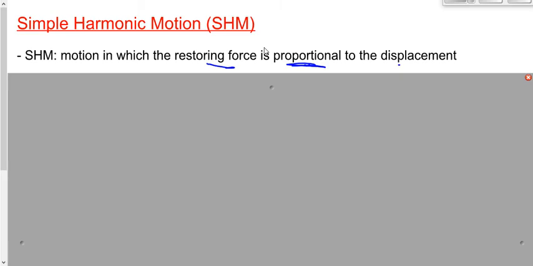And that restoring force is proportional to the displacement, how much I stretch it, how far I stretch it. You guys remember talking when we did conservation of energy, briefly about elastic potential energy, spring potential energy? We defined x as the displacement, not how far it goes, but how far it's stretched or compressed. The restoring force that pulls it back is directly related to that value of x. Okay, a spring or an elastic is a perfect example.